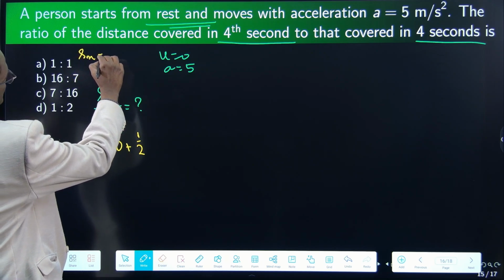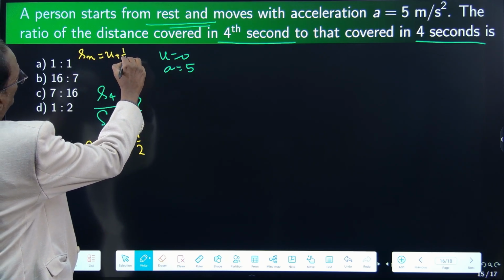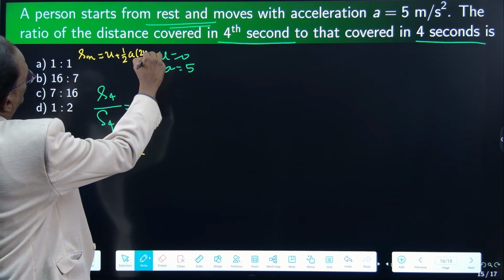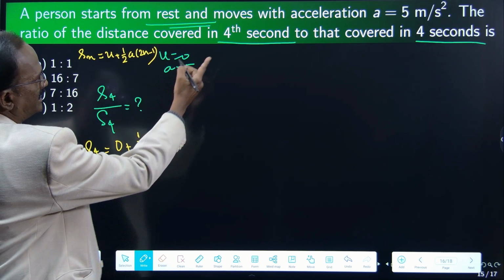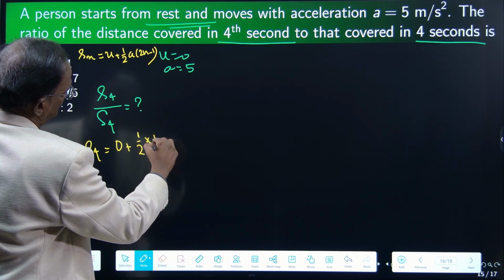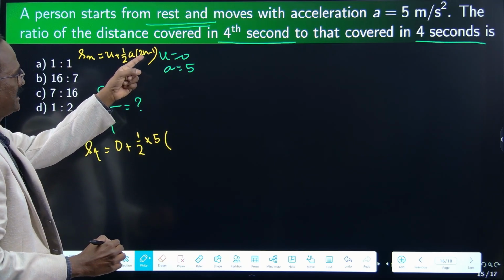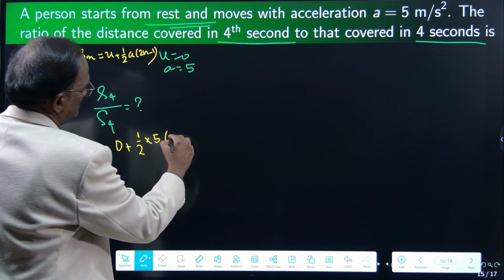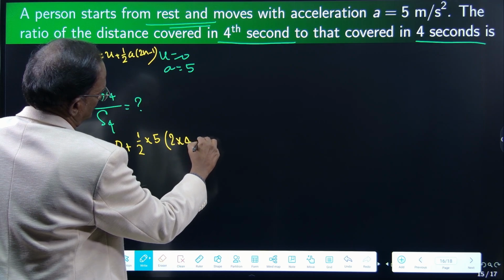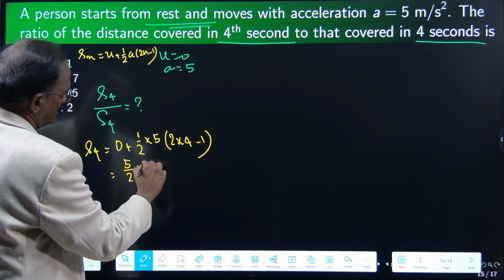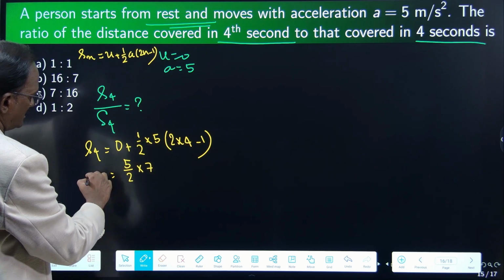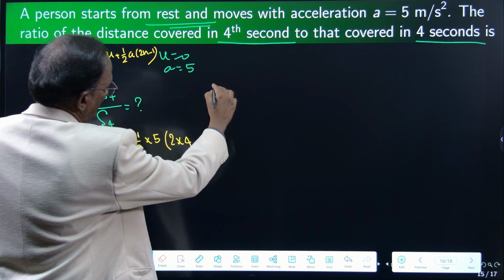S suffix n is equal to u plus a by 2 of (2n minus 1). So 0 plus a, which is 5, by 2 into (2 into 4 minus 1). So this will be 5 by 2 into 7. This is small s suffix 4.